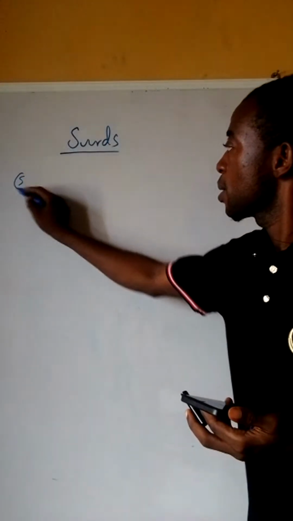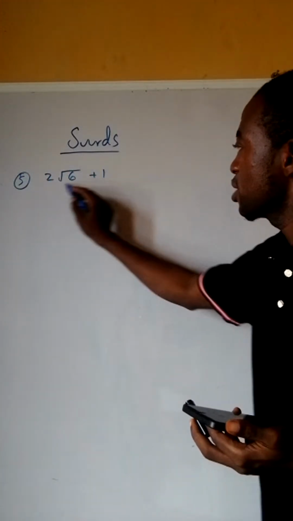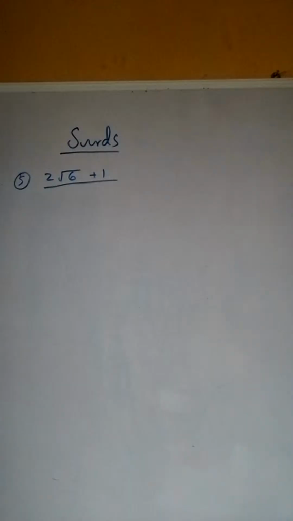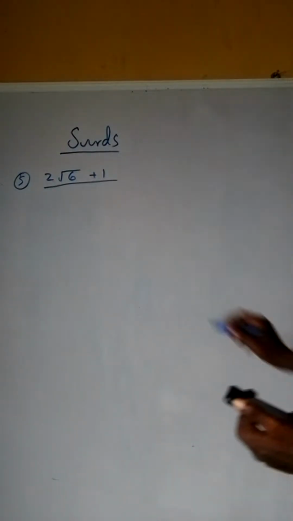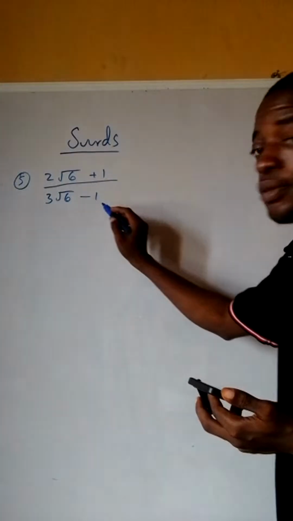Simplify 2 root 6 plus 1 divided by 3 root 6 minus 1.